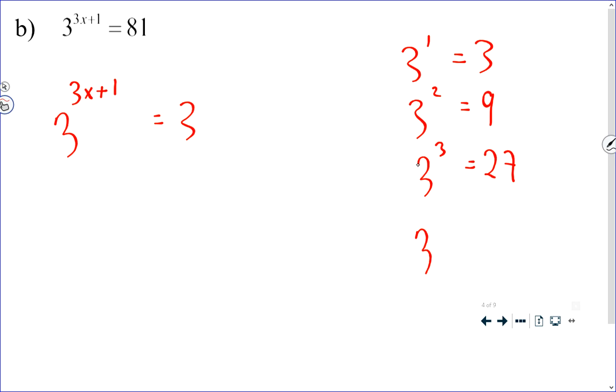And if I take 3 raised to the 4, that's 3 times 3 times 3 times 3, that's 81. Which means that 81 in our equation can be rewritten as 3 to the 4. And now we have a common base.